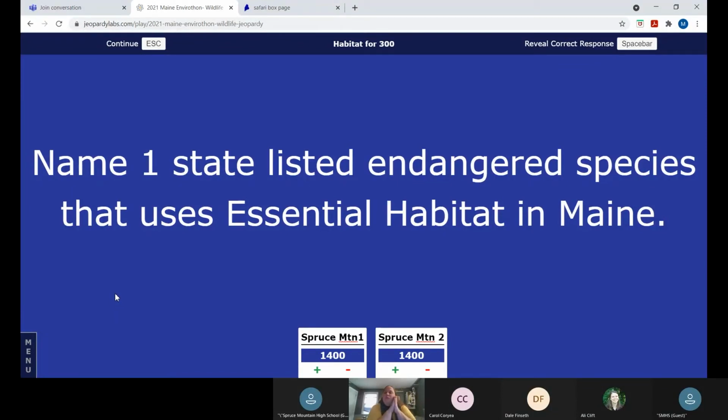And I'll give you a little hint. It's a bird. Is there only one? There are technically 3. There are 4 species that have designated essential habitat, but one has been removed from the endangered species list. And there are 3 left on the endangered species list.